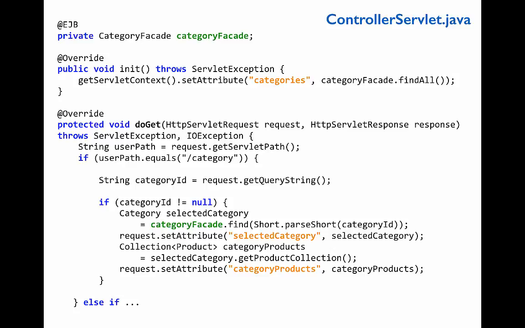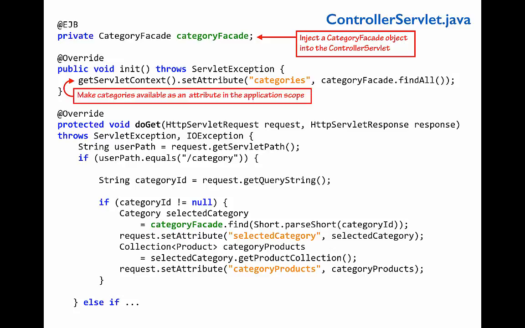Storing the information as attributes means that the objects that hold that information will be available in the Java expression language. First, we declare a category facade private variable. Notice that we have annotated the variable with @EJB, and we did not initialize it. The variable will be set using dependency injection.